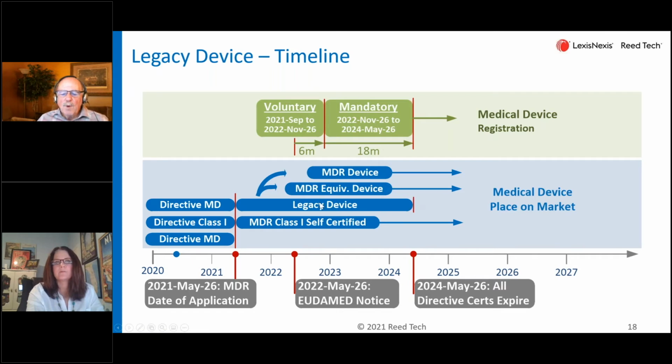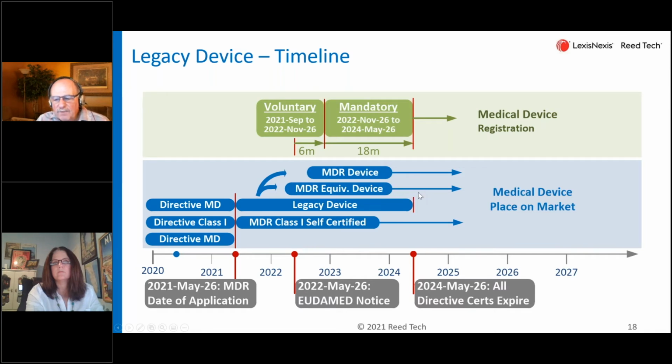So one of your strategies would be to very early on have your legacy devices reviewed by your notified body, and get the documents together and have that completed. You want some margin here before the May 2024 deadline.